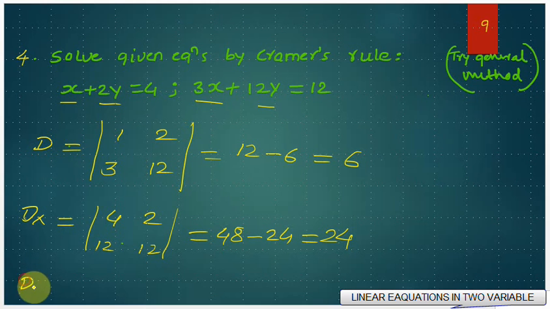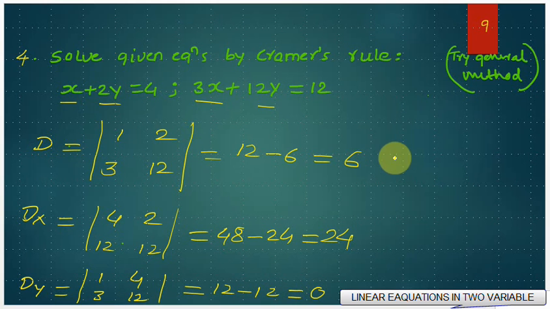Now Dy: in the two parallel lines we put the values 1, 4, and in the next line 3, 12. Solve it: 1 into 12, 12, minus 4 into 3, 12. So 12 minus 12 is equal to 0.